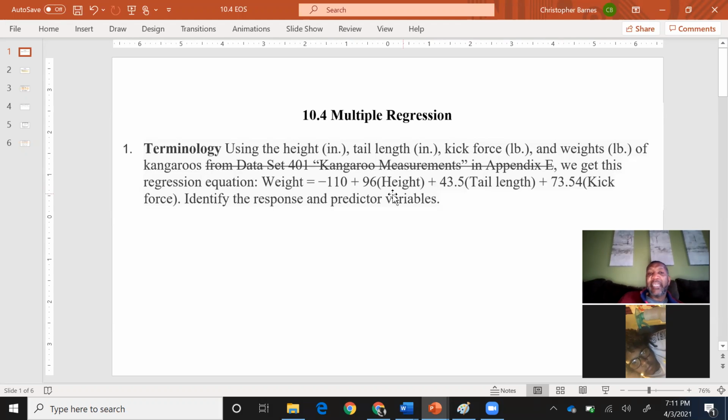They want you to identify the response and predictor variables. So the response and then the predictor variables.